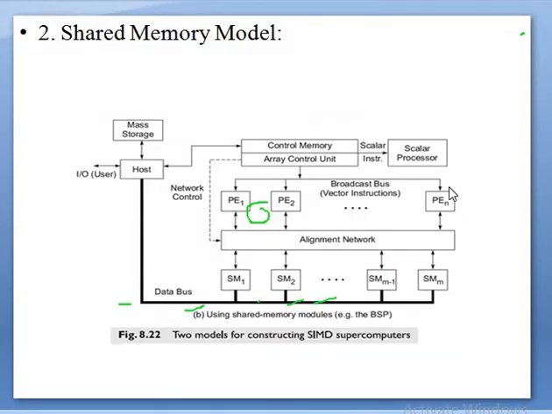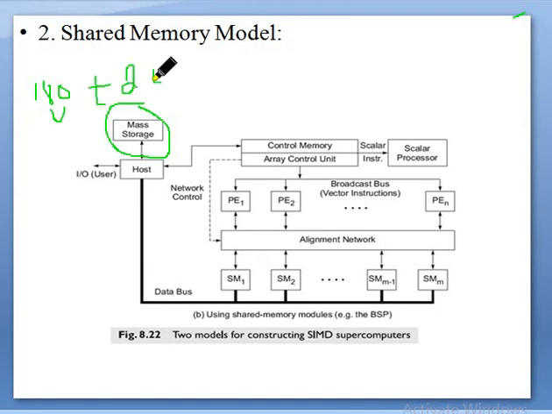The last one is the shared memory model. As I mentioned, the program has 200 instructions, of which 180 are vector and 20 are scalar, all loaded onto the host. The host will forward instructions to control memory as well as the array control unit, which divides the scalar part.